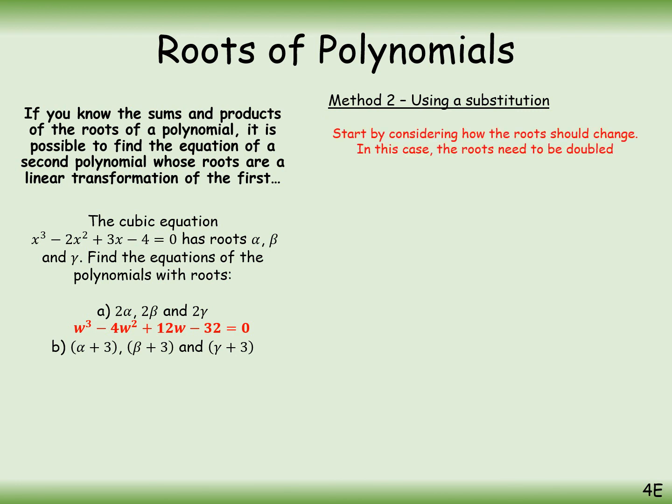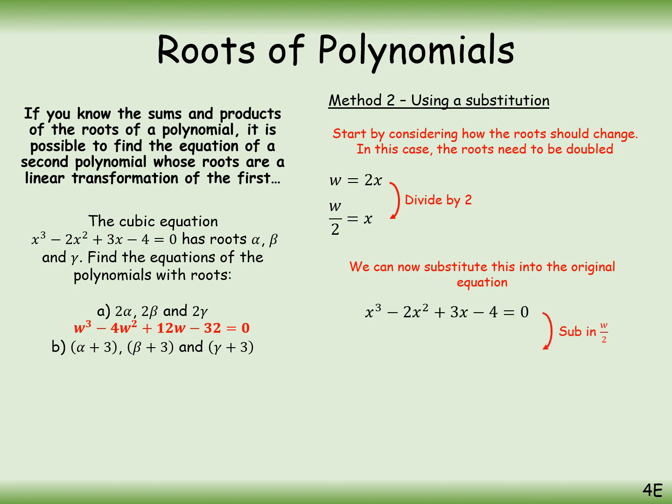Start by considering how the roots should change. In this case, the roots need to be doubled. So we can now substitute this into the original equation. So we get the following.